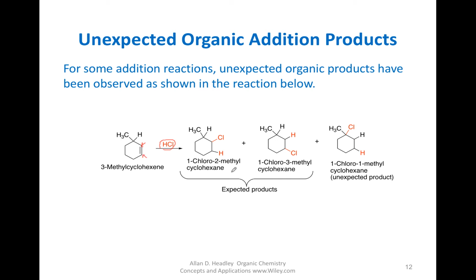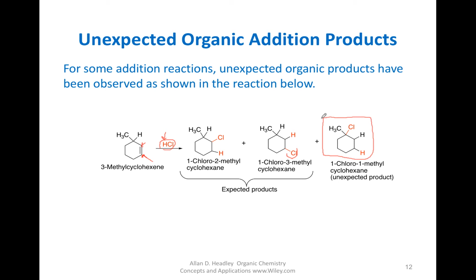Notice these 2 products would be predicted to be formed in equal amounts, because what's formed here is a secondary carbocation after the addition of H plus, and a secondary carbocation after the addition of H plus. And then of course Cl would add to give this as 1 product, and here as the other product. But if you went in the lab and did this experiment, you would observe this as an unexpected product.